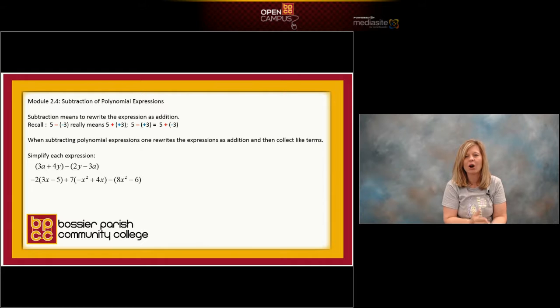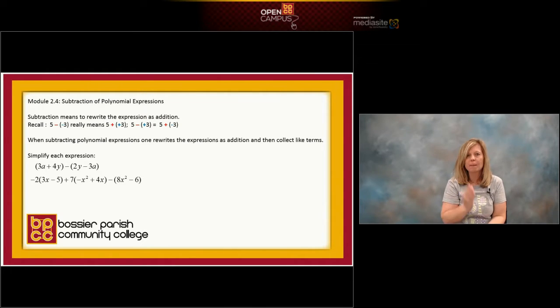So what you need to understand is we never are really ever going to do subtraction. Subtraction can always get changed into addition because we're going to apply the definition we learned in the previous video that says subtraction is adding the additive inverse. So when we do subtraction, we're really just going to add the opposite. So 5 minus negative 3. We're going to leave the first number 5.